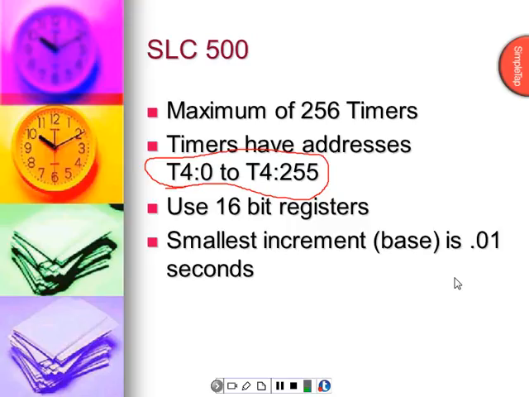Now that, to me, is sort of ridiculous. But if you wanted a timer that would time 1 hour, 5 minutes, and 12 hundredths of a second, it'll do that.